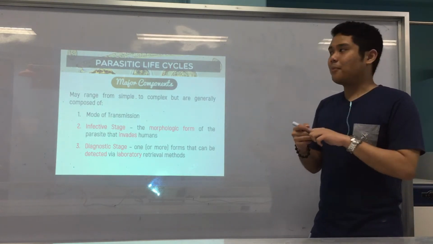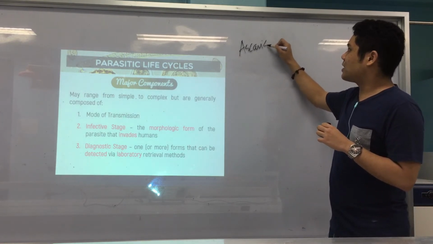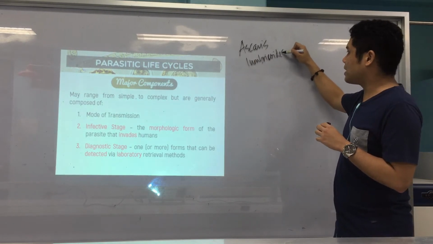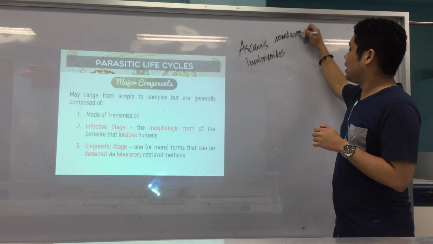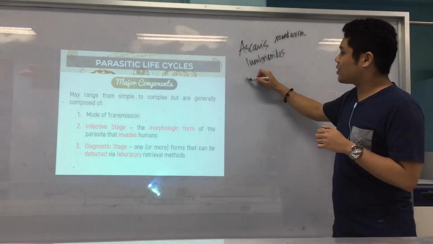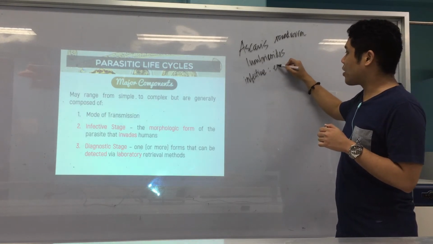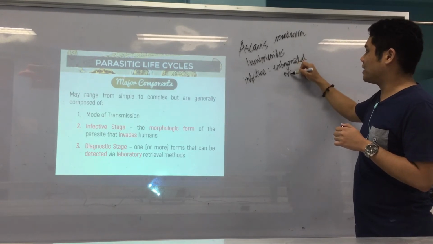A good example: Ascaris lumbricoides, the giant intestinal roundworm, a very common parasite in the Philippines. Its infective stage, what the host gets, is the embryonated ova, or egg.